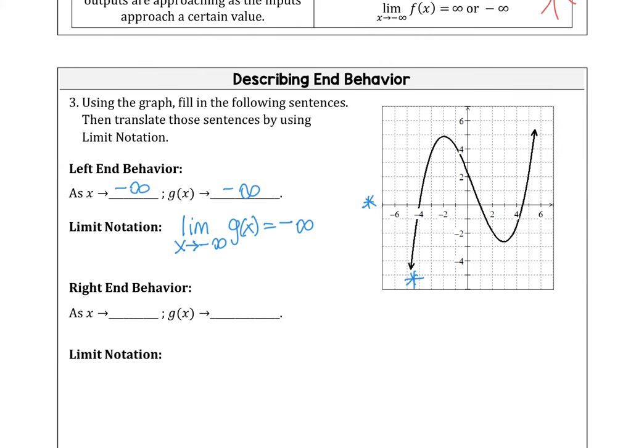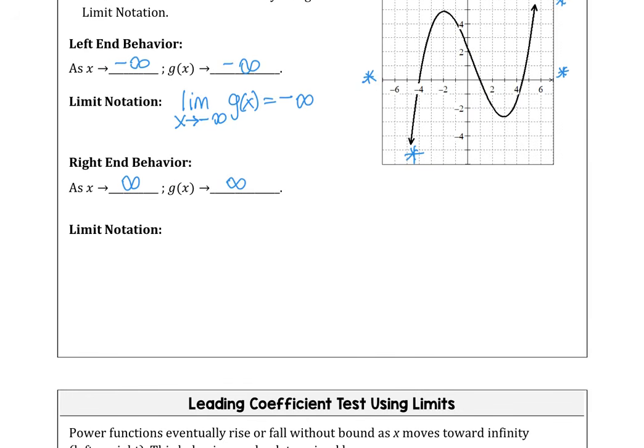In the right behavior, as we move to the right, the y values move up. So as x goes right, the y values go up. In limit notation, the limit as x approaches positive infinity of g of x is approaching positive infinity.